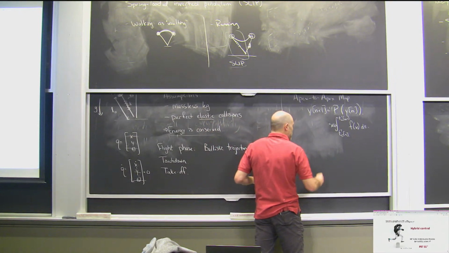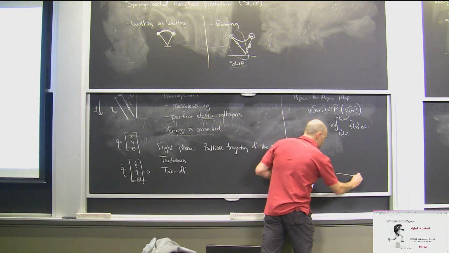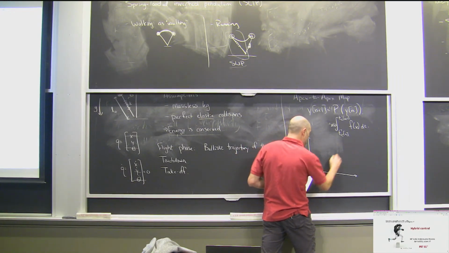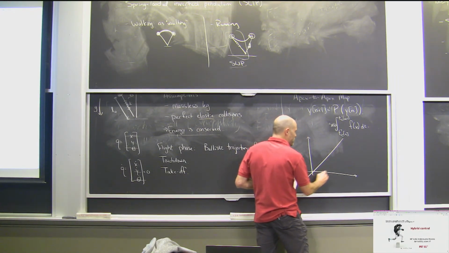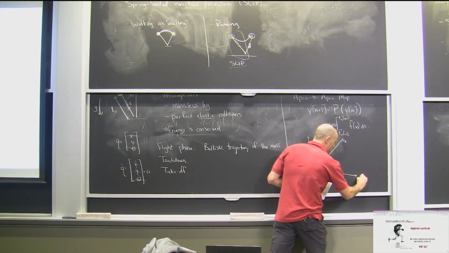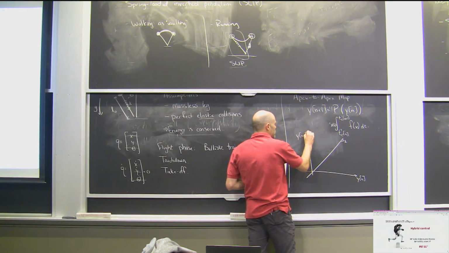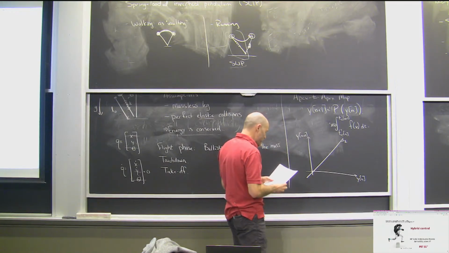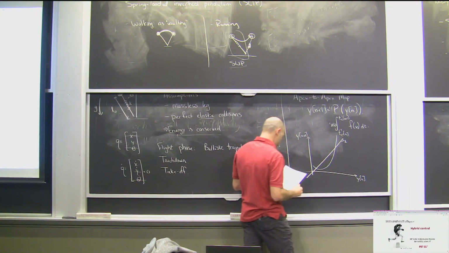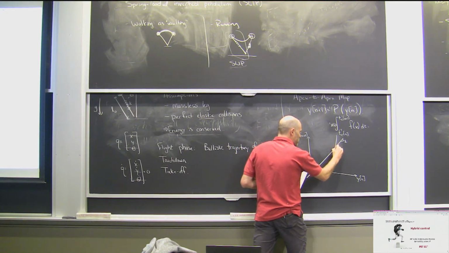Okay, and what you get is this sort of beautiful solution here, which, if you remember, the line of slope 1 is an important line for these discrete maps. So if I plot y at the nth step against y at the n plus 1 step, I get this curve that looks like this, where I have actually two fixed points.